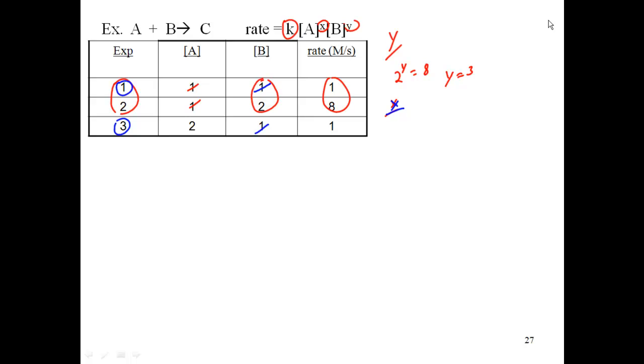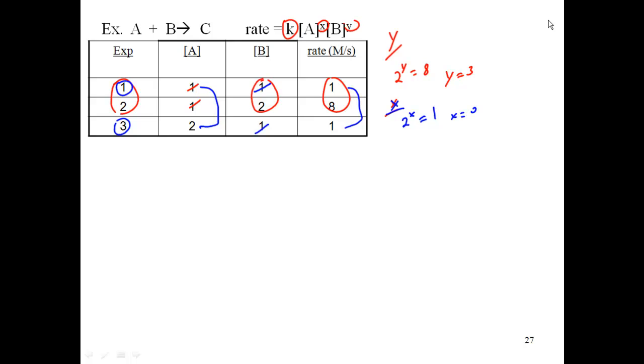I can see now that the concentration of A in 1 and 3 doubled, but what happened to the rate in that instance? It stayed the same. It's 1 molarity in experiment 1 and 1 molarity in experiment 3. So my expression here is I know that 2 to some power of X is equal to 1. The only way that this expression can be correct is that X has to be 0.